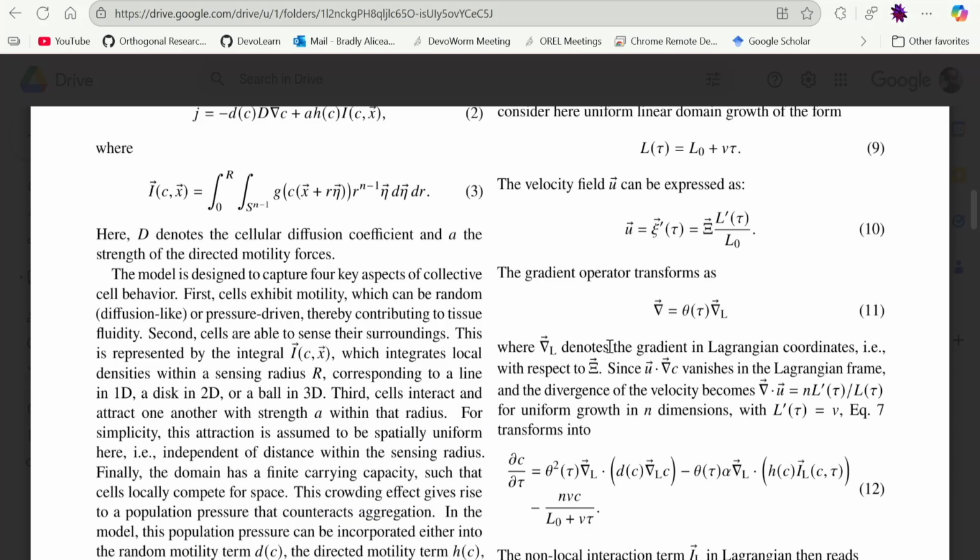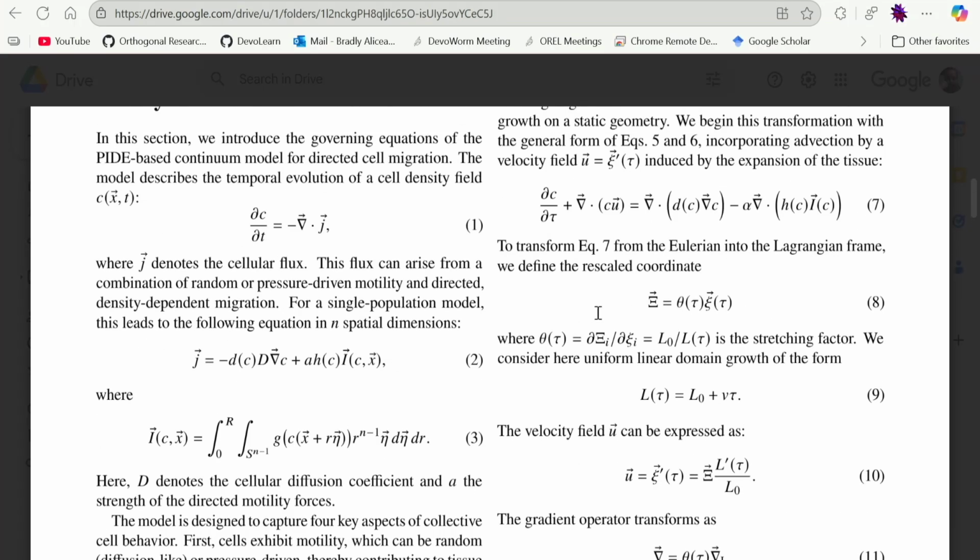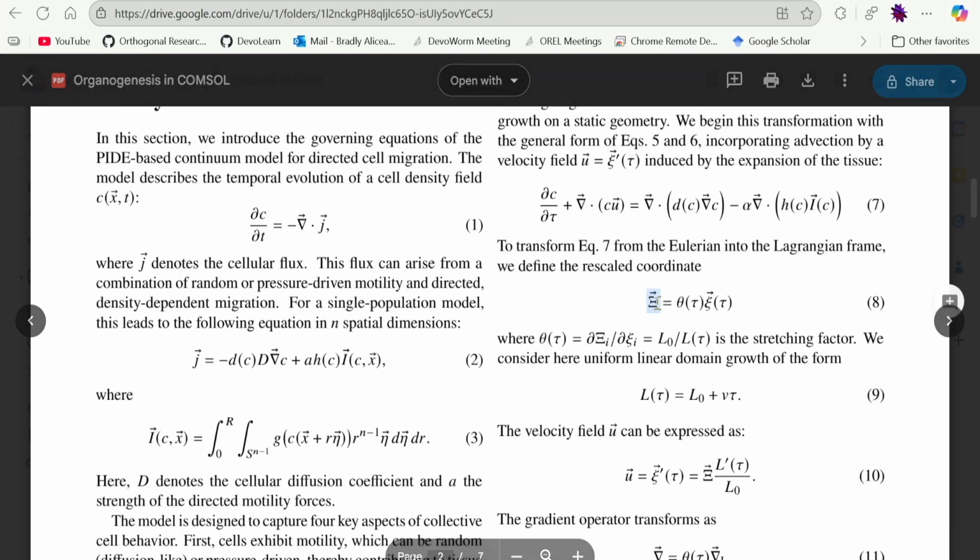And so then we have a directional gradient L, which denotes the gradient in Lagrangian coordinates, and that's with respect to this growth factor here, this rescaling factor.